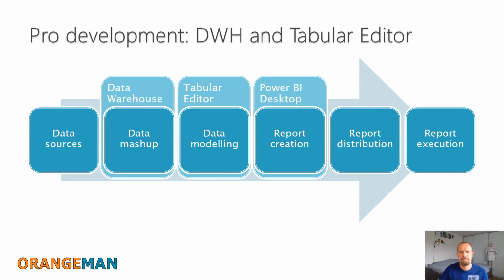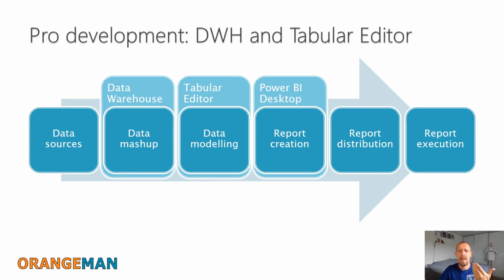So now we come to this place where the report is in Power BI Desktop, the data model is in Tabular Editor, and hopefully you will also have your data coming from a data warehouse and not directly from different files, so where the data mashup is done in one central place.